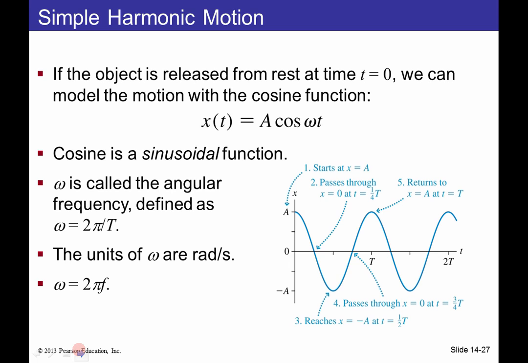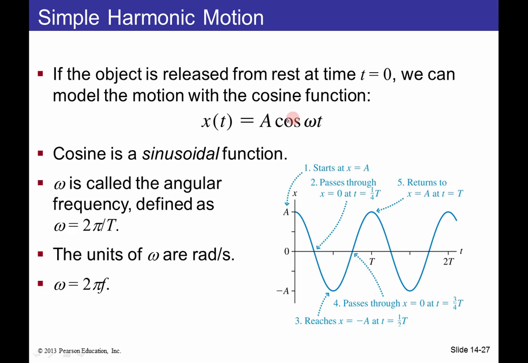So if we have an object and we release it from rest, and this is the position versus time, we plot that. The graph that we obtain is the graph of a cosine or a sine, where A is the amplitude, the distance from this point to this point, and omega is called the angular frequency.